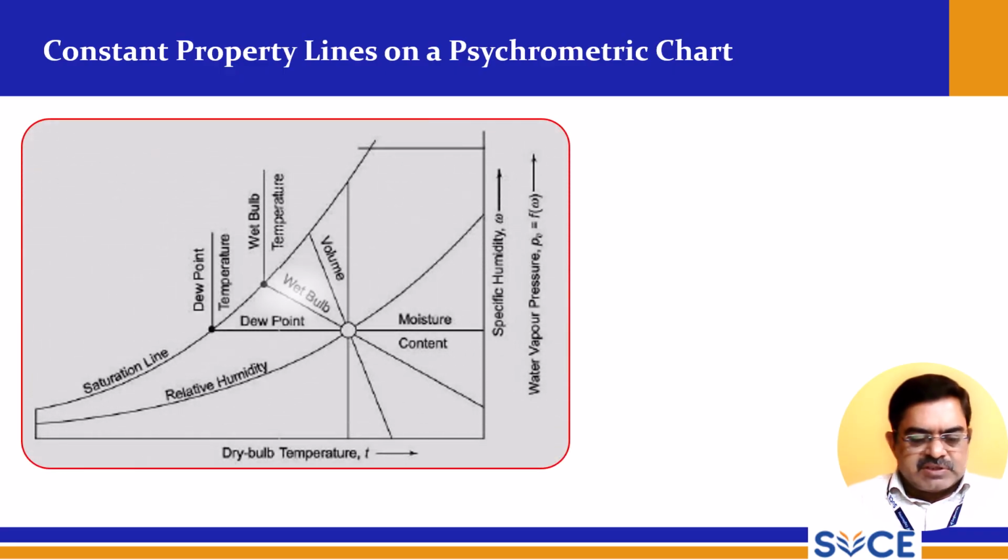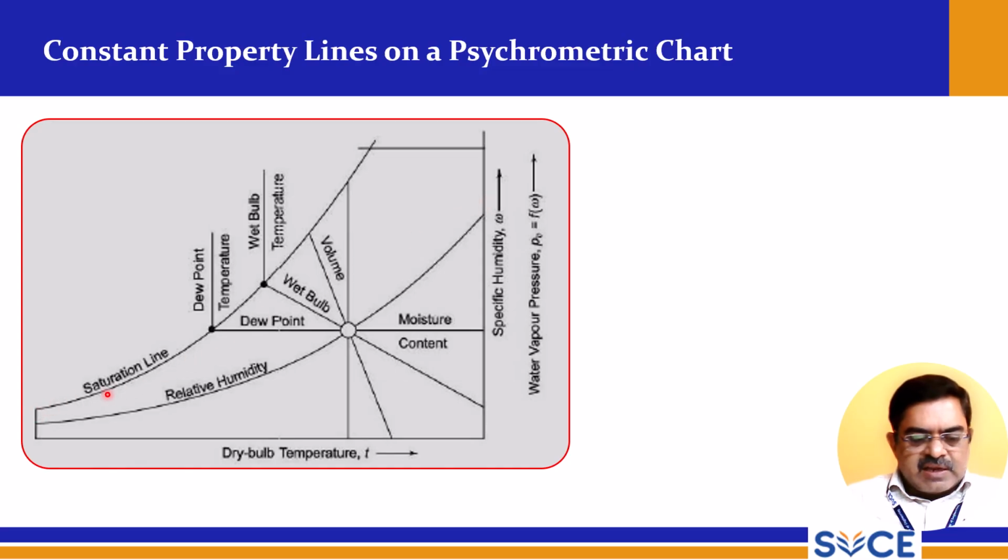So this is the chart, and on the x-axis we have dry bulb temperature, and we have wet bulb temperature, which is a line inclined to the dry bulb temperature. These are parallel lines, and we have specific humidity omega and water vapor pressure on the y-axis. These are the two parameters.